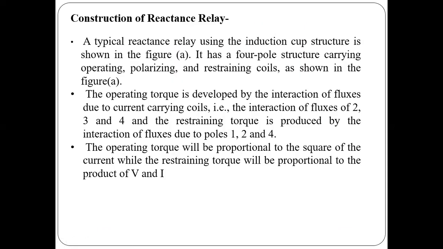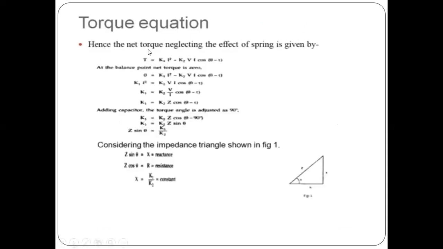Now, it has a torque equation, and for this we have to consider the torques. The torque equation is T equals K1 I square minus K2 VI cos(theta minus tau).